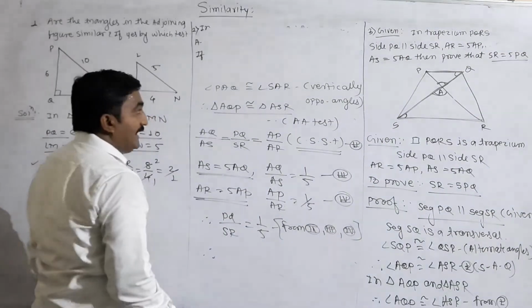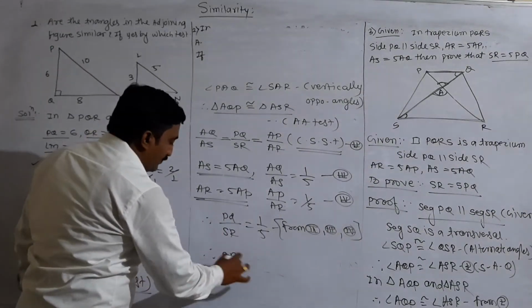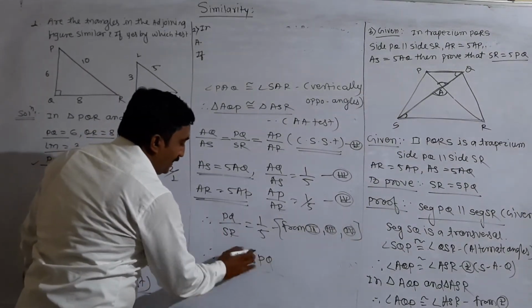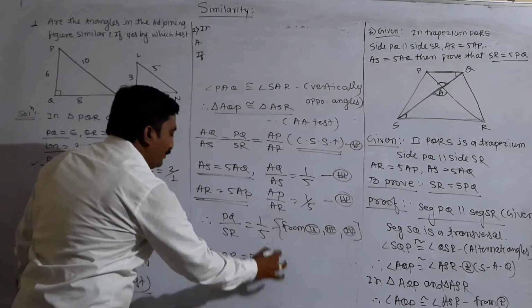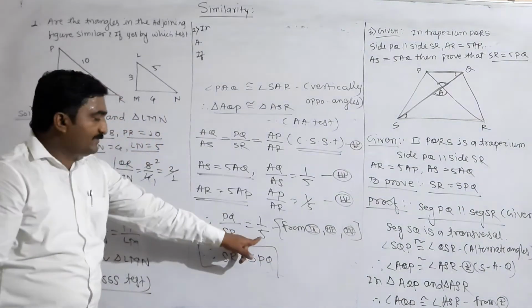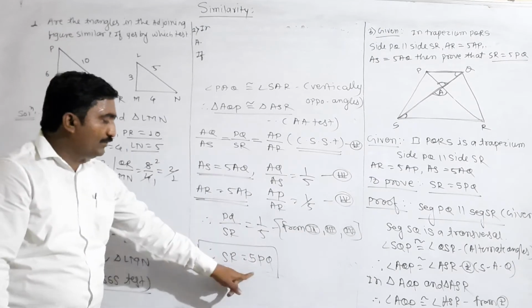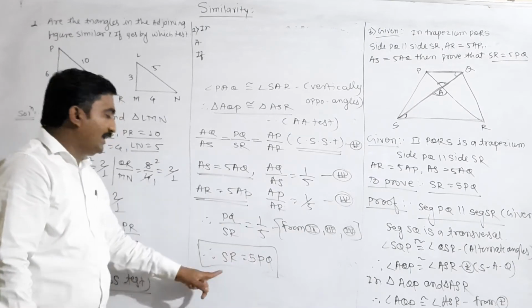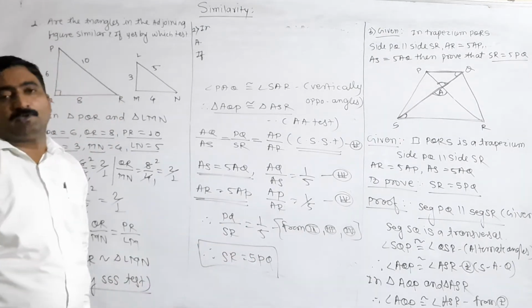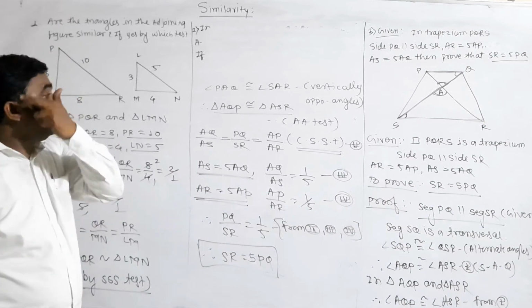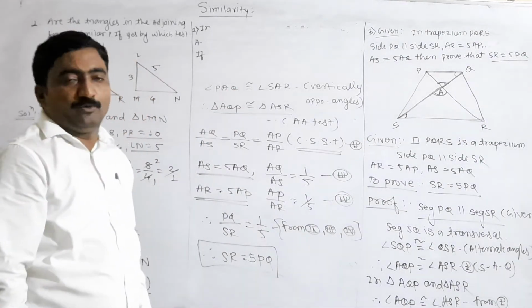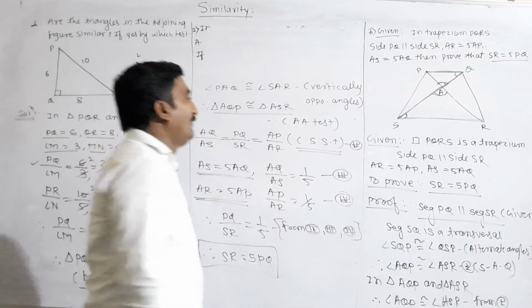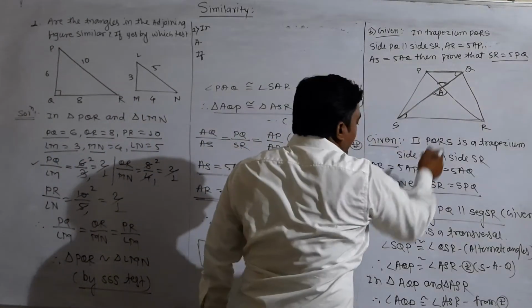Therefore, by cross multiplication, SR into 1 is equal to 5 into PQ, so SR is equal to 5 PQ. In this way, we can prove that SR is equal to 5 PQ. Remember the steps. First write the given and what to prove.